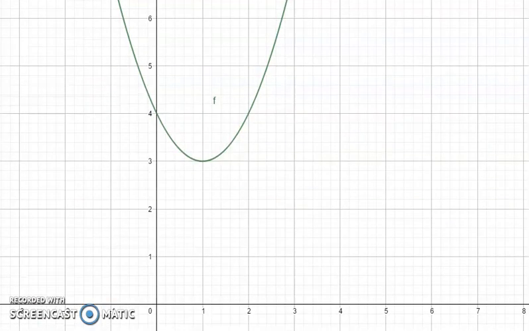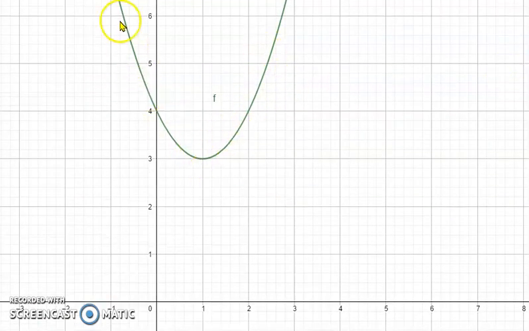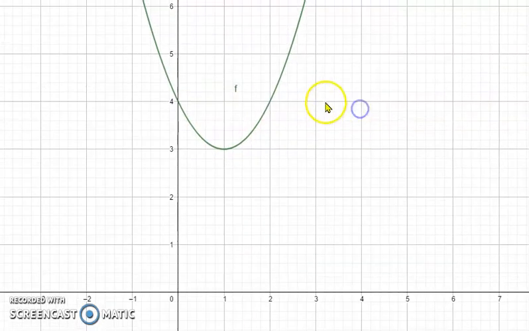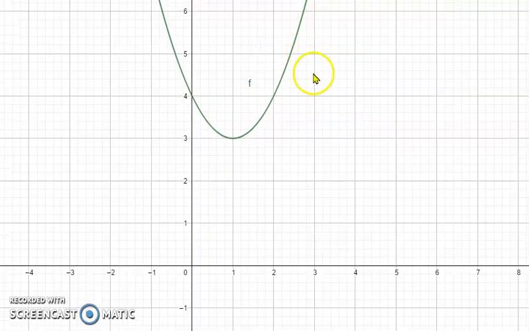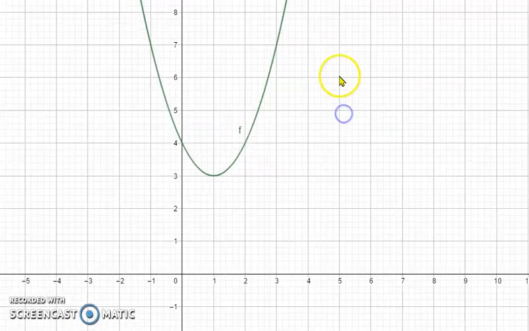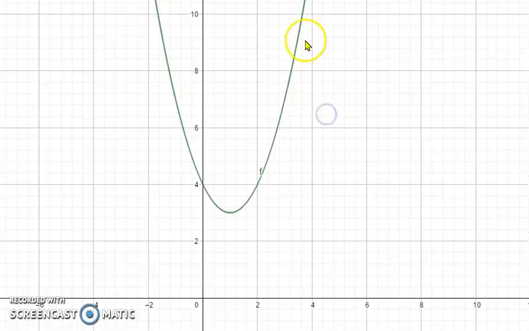Now, looking at the graph of the function, this one is the graph of the function f of x, or y is equal to the quantity x minus 1 squared plus 3. And we observe that this function here is a parabola facing upward. And the values here extend to positive infinity.